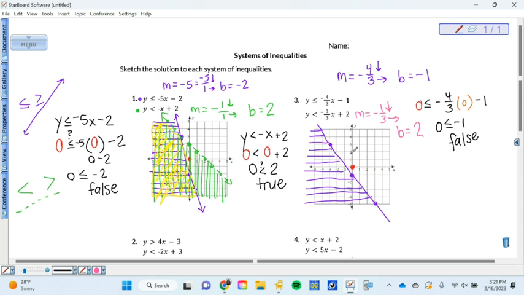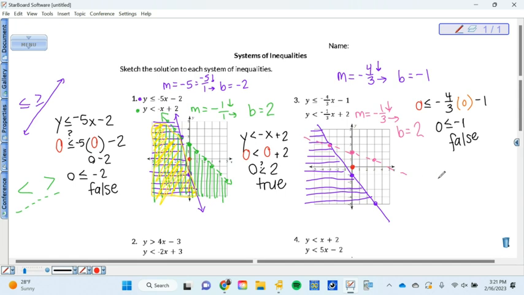So I go up to 2 on my y-axis, and then I count down 1 and over 3. Can't really keep going, but I can go backwards. I go up 1 over 3 like that. And this one, solid or dotted? Dotted. I have my line. Now what do I do?